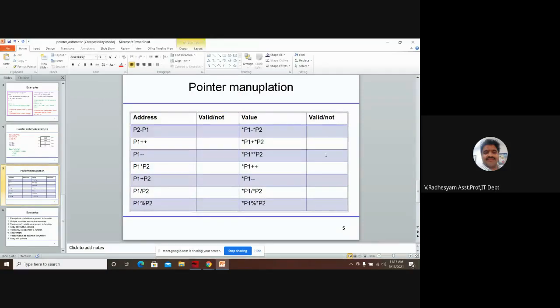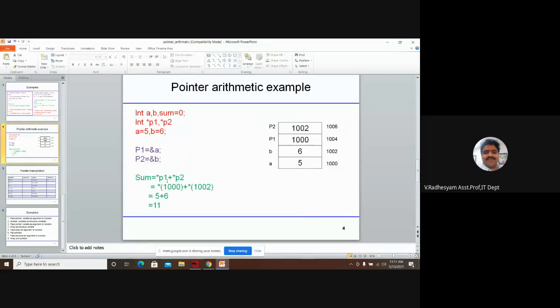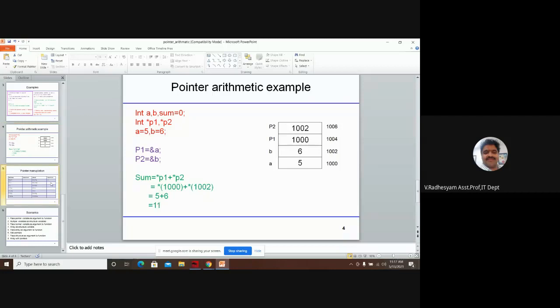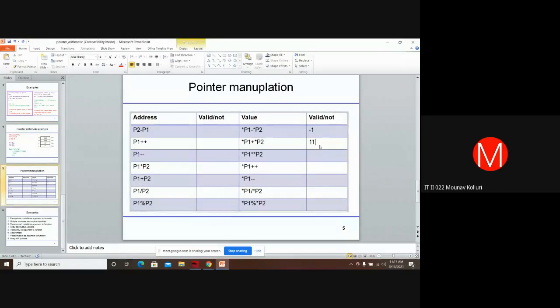Is it valid actually? Star of P1 plus star of P2 is valid, then star of P1 minus star of P2 is also valid. Star of P1 plus star of P2, what is the answer? 11, sir. What about this? 30, sir.